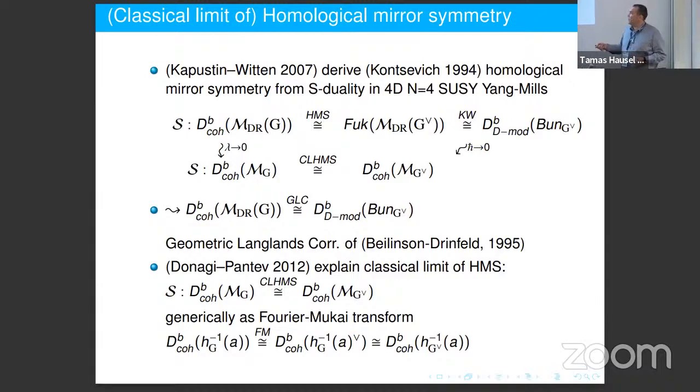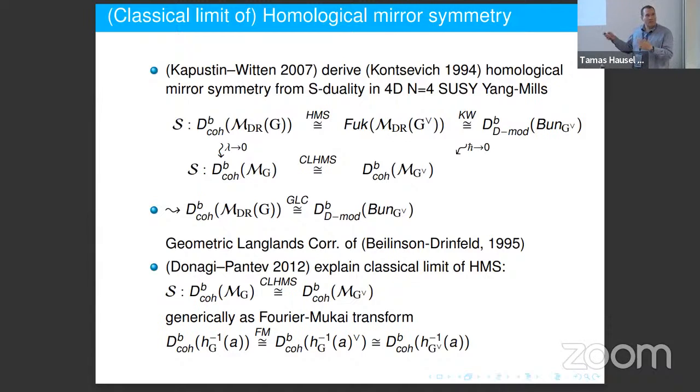So generically, we have this equivalence of categories on the fibers, and then we do this relatively along the Hitchin fibration. So generically, we have some sort of understanding of what mirror symmetry should be, this classical limit at least, and then the task is to be clever and try to extend it over the singular fibers.